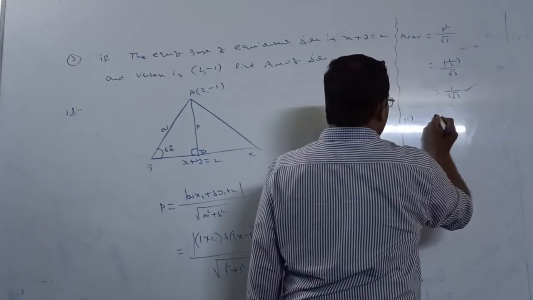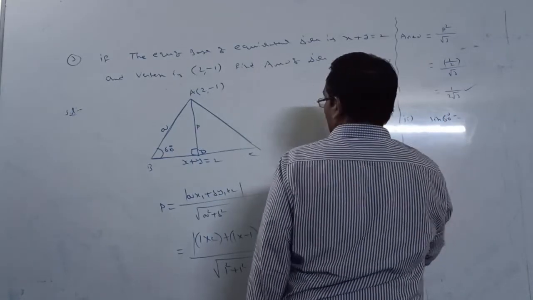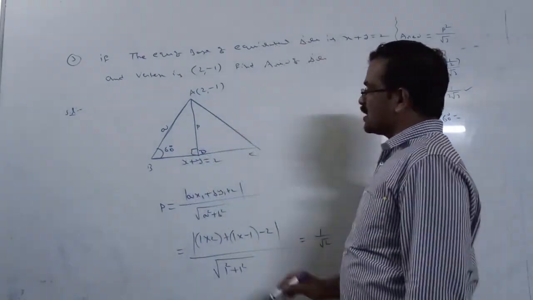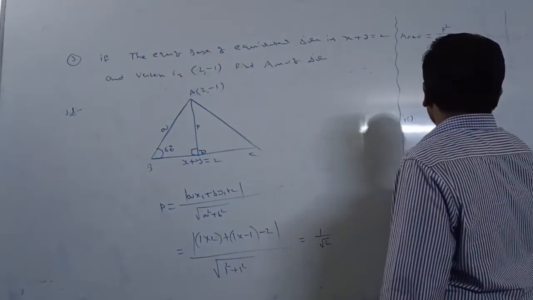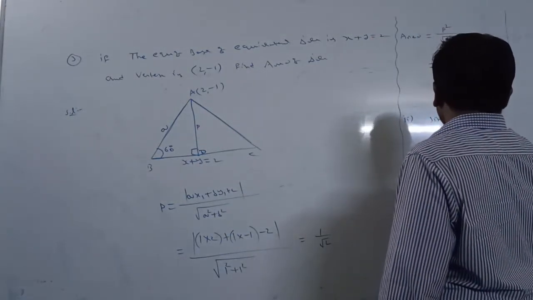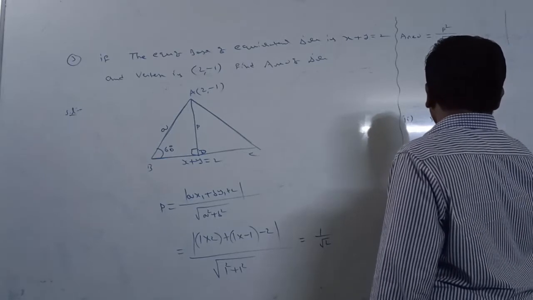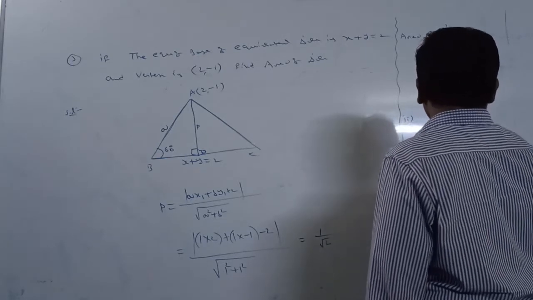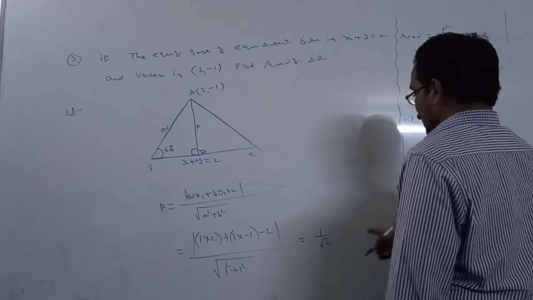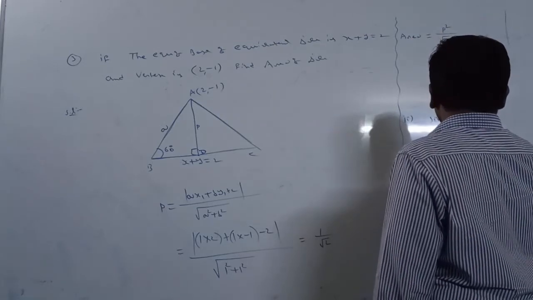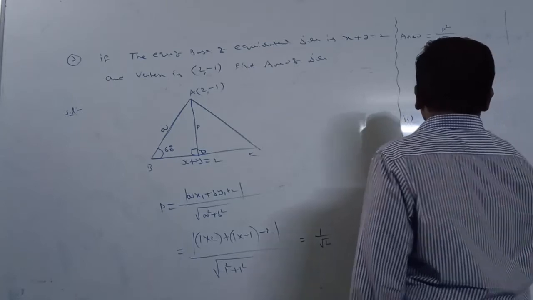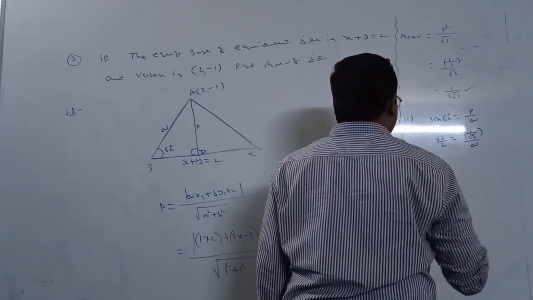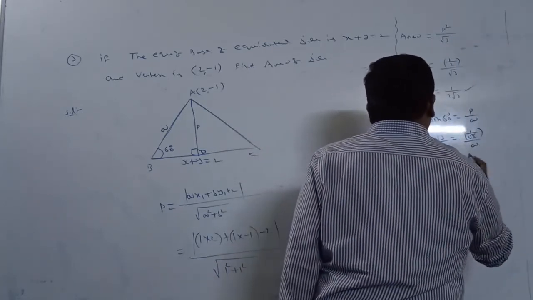In this triangle ABD, sin 60 equal to opposite side by hypotenuse. So P by A. Sin 60 equal to root 3 by 2. Root 3 by 2 equal to P. P value we got is 1 by root 2, by A. Do cross multiplication.